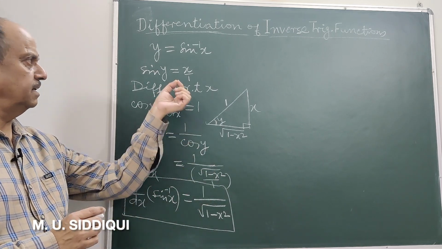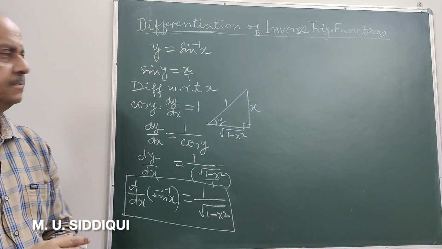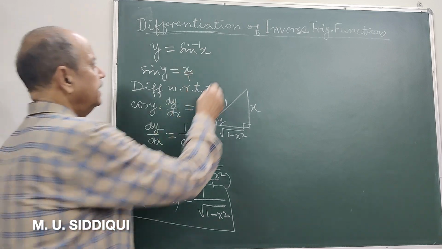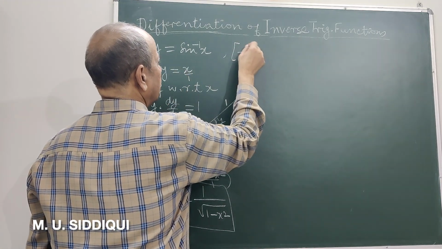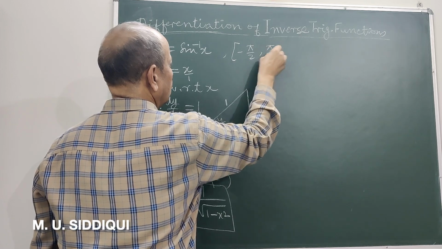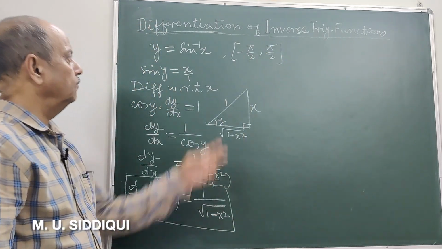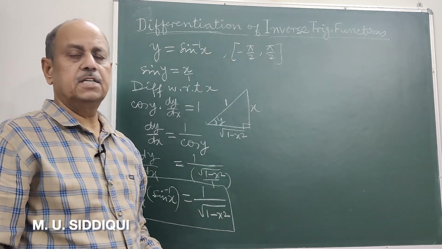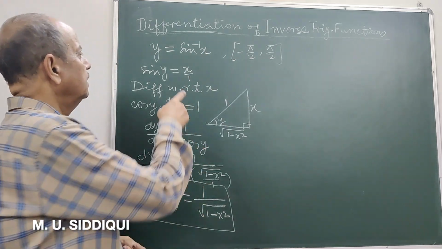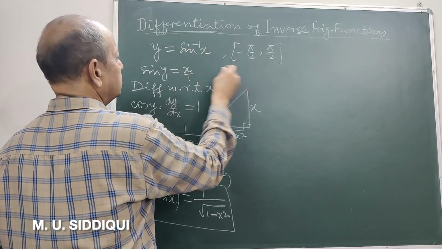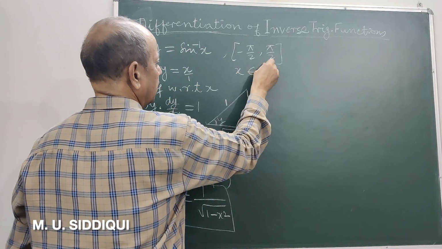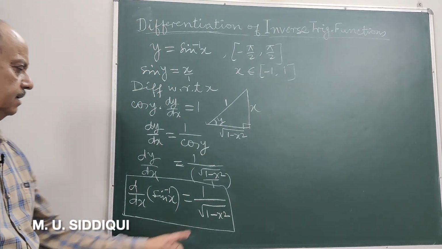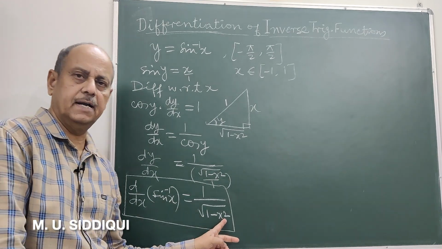But here there were certain restrictions that too we should mention. We know that the value of sine inverse x, that angle, lies between minus pi by 2 to pi by 2, or else you can say this value of x should belong to the interval minus 1 to 1. And here you have 1 minus x square.